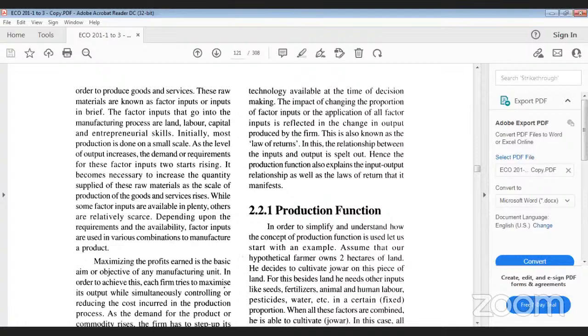Maximizing the profits earned is the basic aim or objective of a manufacturing unit.